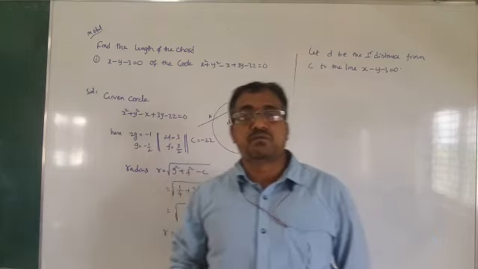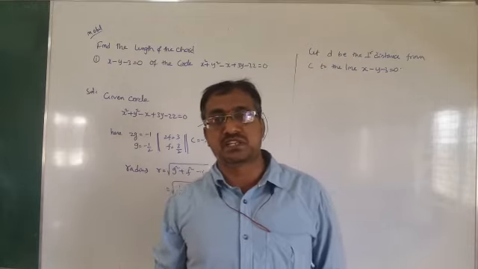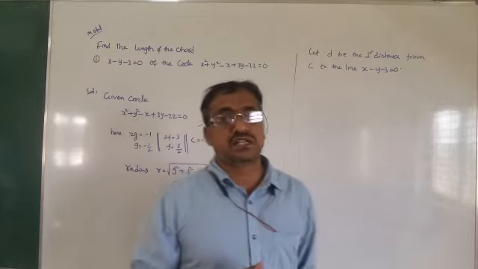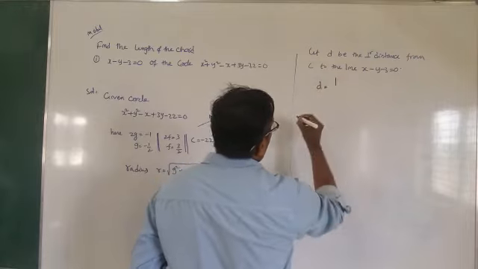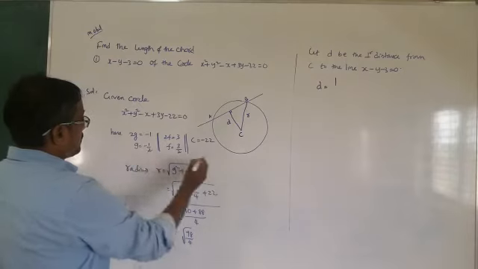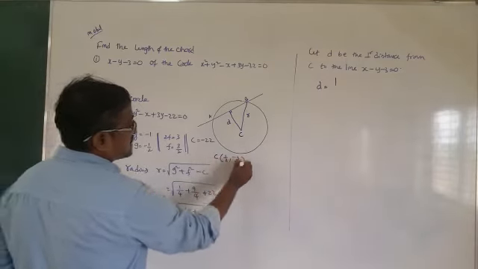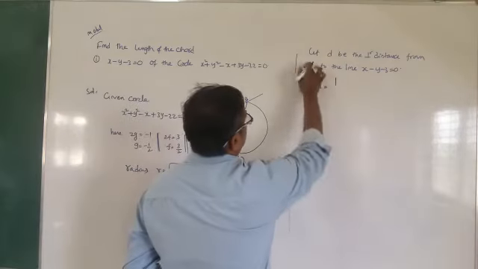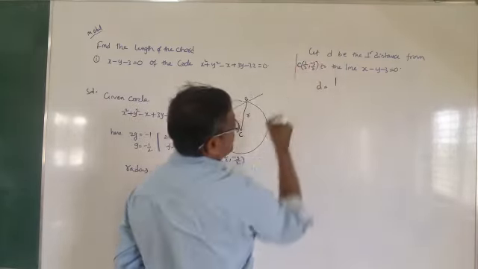We know the perpendicular distance formula mod ax1 plus by1 plus c by root over a square plus b square. So d is equal to mod. Now center is 1 by 2 comma minus 3 by 2. So from C 1 by 2 comma minus 3 by 2.